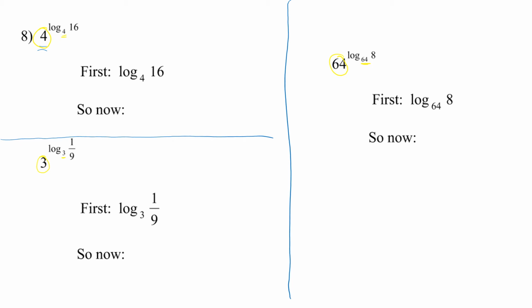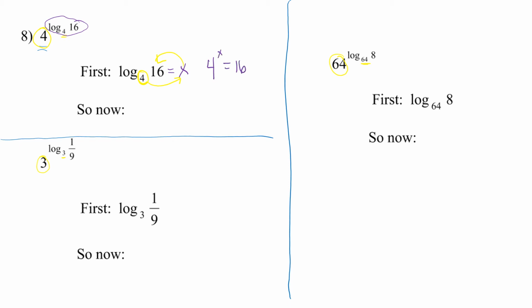So let's do this first. Let's first evaluate log base 4 of 16. I'm going to set it equal to x, and then I'm going to rewrite it exponentially. So remember what this means? This means that 4 raised to what power is equal to 16.